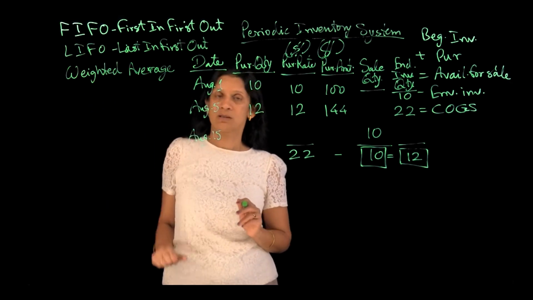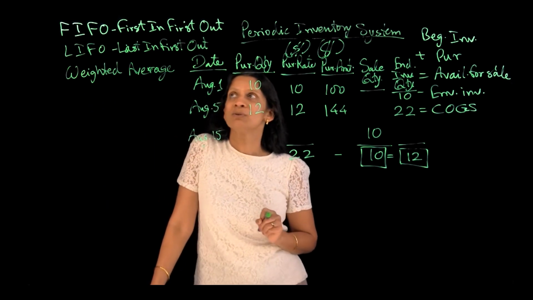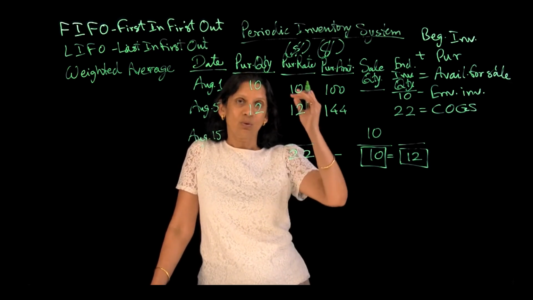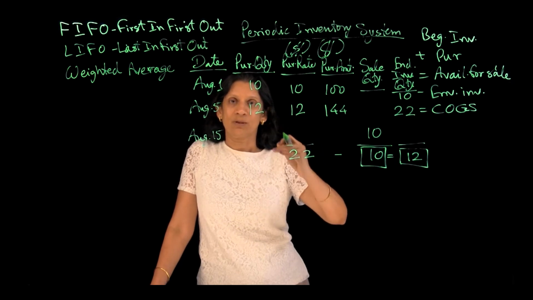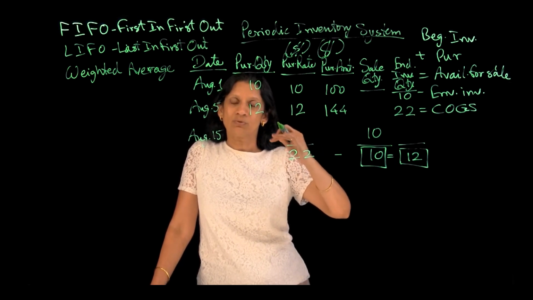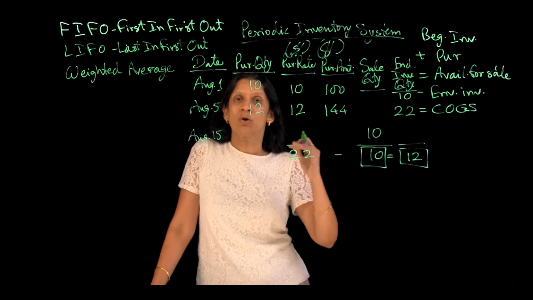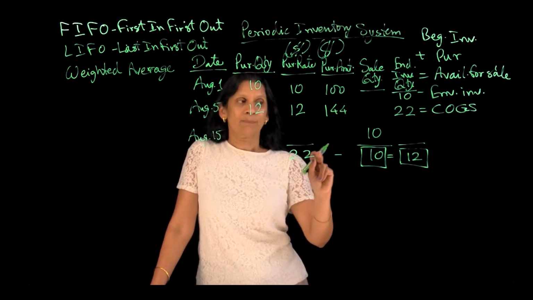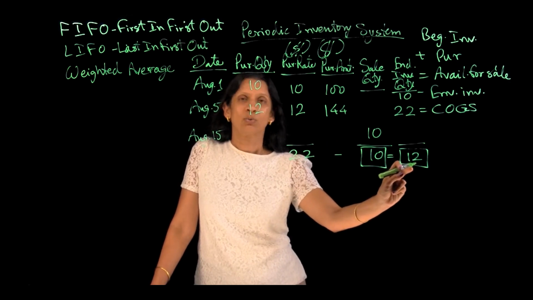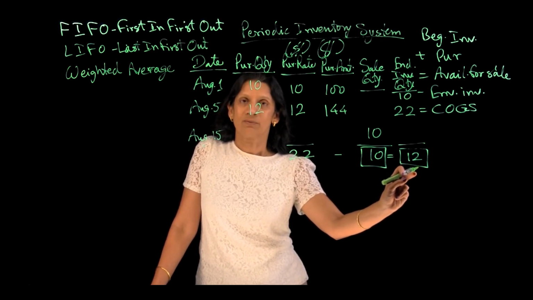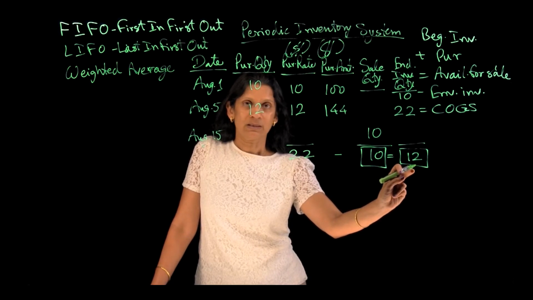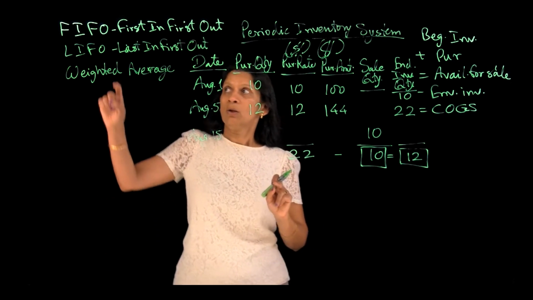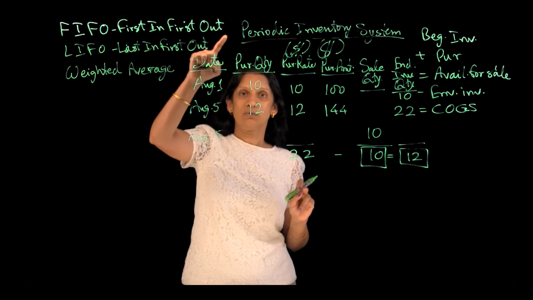Let's go for the first assumption. The first assumption is first in, first out, means whatever is the flow of my inventory in the warehouse, the same flow I am following as far as the costing of the inventory is concerned. That means if I say that I have 12 items remaining in my warehouse, that means they are from the latest purchase, because my cost flow is first in, first out.